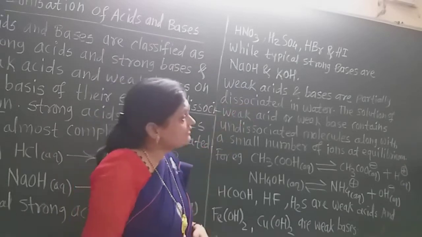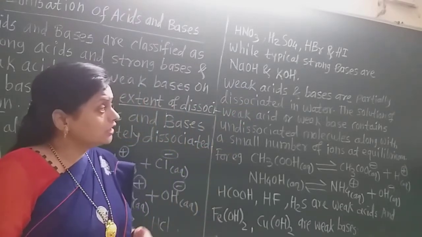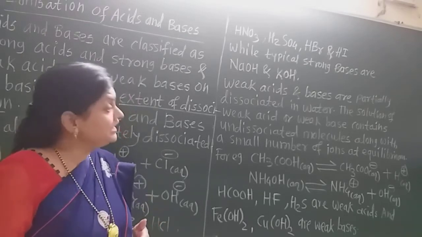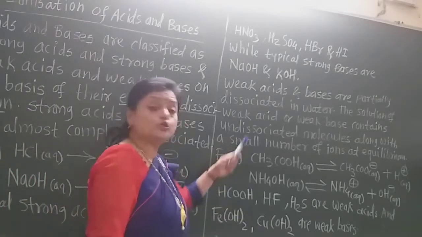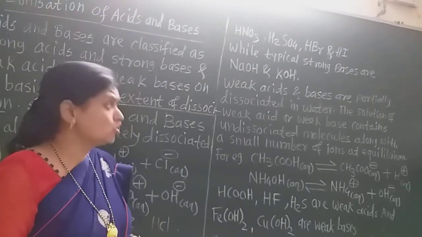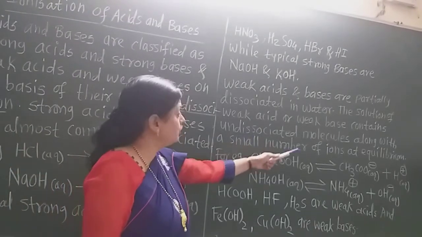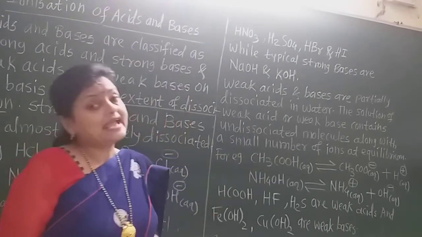Now weak acids and weak bases are partially dissociated in water. The solutions of weak acid and weak base contain the undissociated molecules along with the dissociated ions. So the weak acid and weak bases contain undissociated molecules along with a small number of ions at equilibrium.